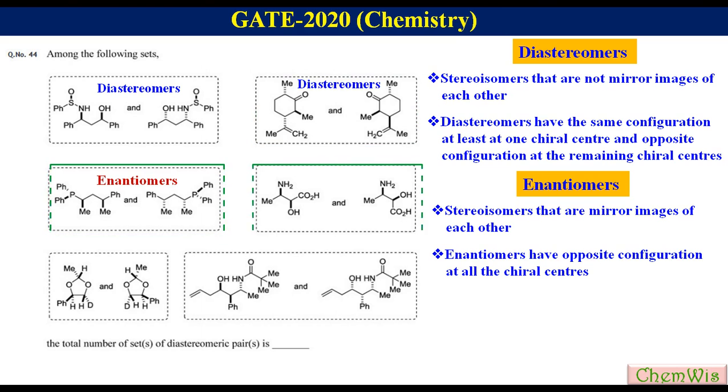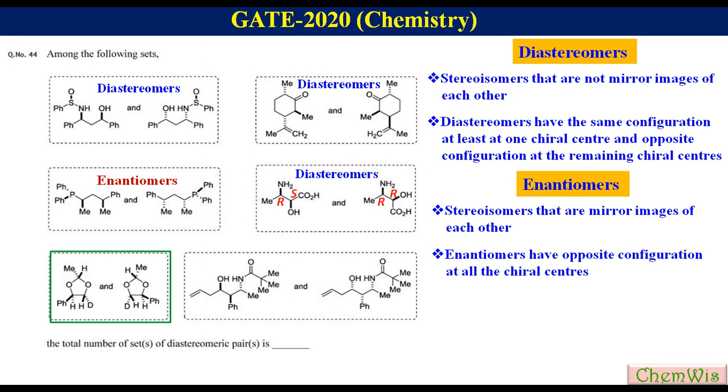In this pair, imagination is a bit difficult, so we would find the relation between these compounds by determining absolute configuration. In the left molecule, the absolute configurations are R and S, while in the right side molecule, it is R and R. So these are diastereomers.